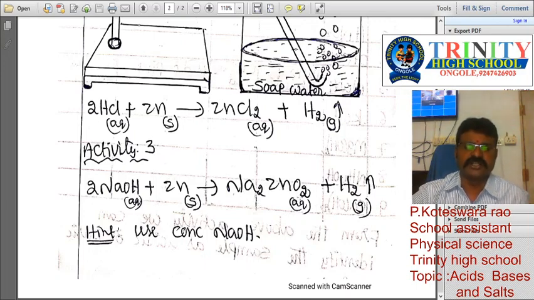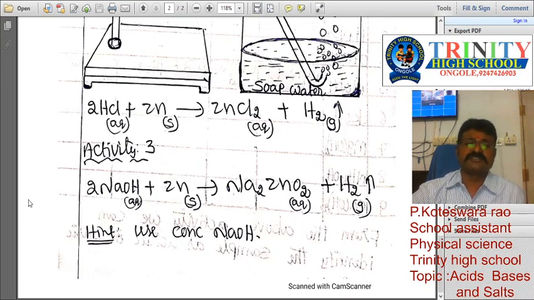Sodium zincate plus H2 with an upward arrow mark. Here H2 with an upward arrow mark means hydrogen gas. So NaOH aqueous, zinc solid, gives Na2ZnO2, sodium zincate, plus H2, hydrogen gas, upward arrow mark.